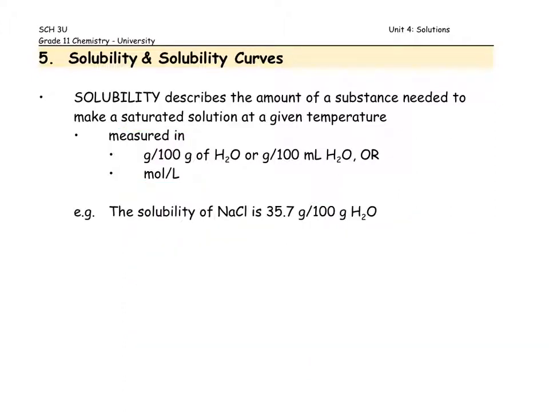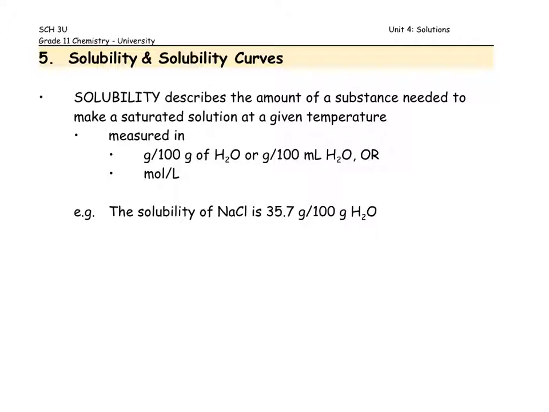So, for example, if I were to look this up at a given temperature, the solubility of sodium chloride, that's just regular table salt, is 35.7 grams per 100 grams of water. So what that tells me is that for every 100 grams of water, the maximum amount of sodium chloride I could expect to dissolve would be 35.7 grams per 100 grams of water.